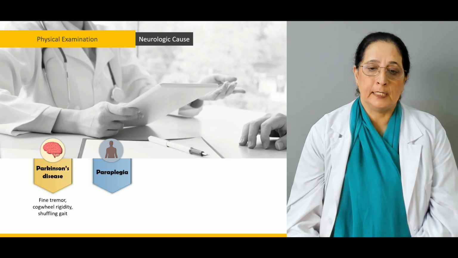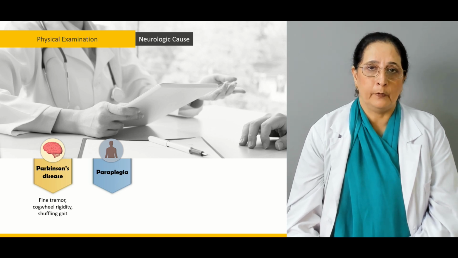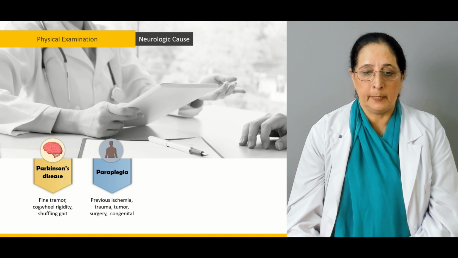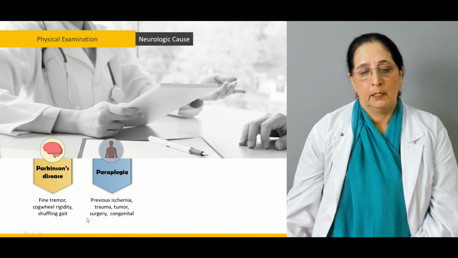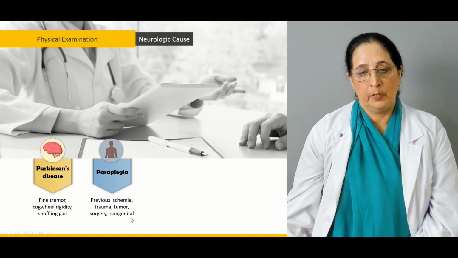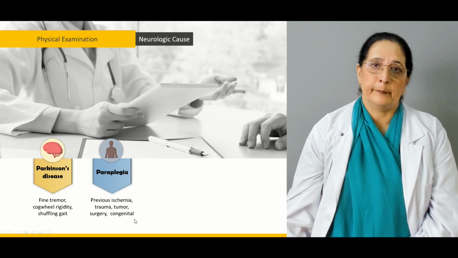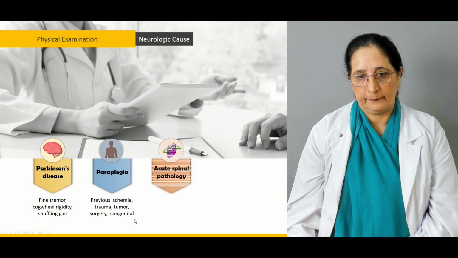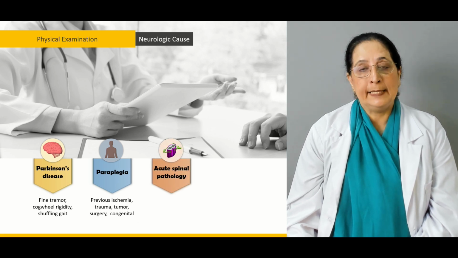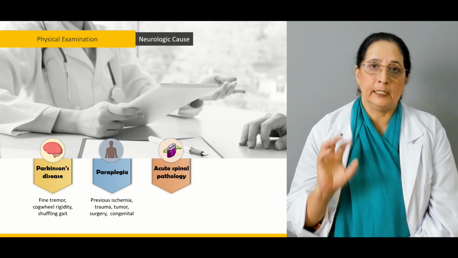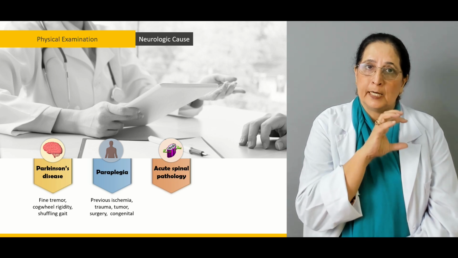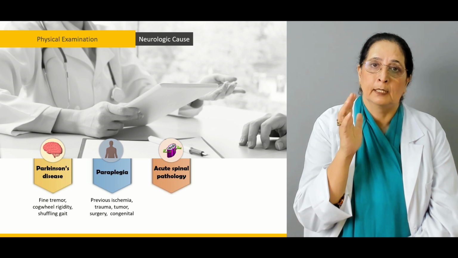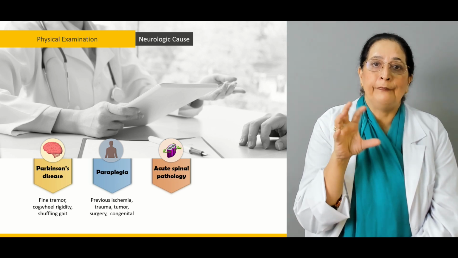Paraplegia, paralysis of the lower limbs, or of all four limbs, due to previous ischemia, trauma, tumor, surgery, or it may be congenital. Acute spinal pathology. All these can cause constipation, because if you remember in the previous slide, we talked about that it's a reflex act.